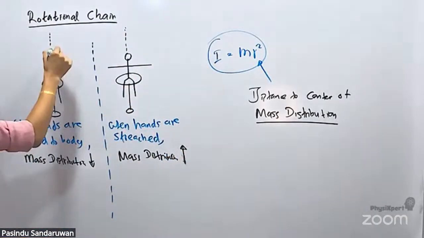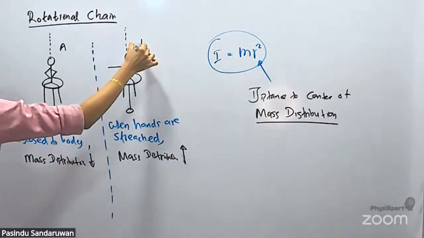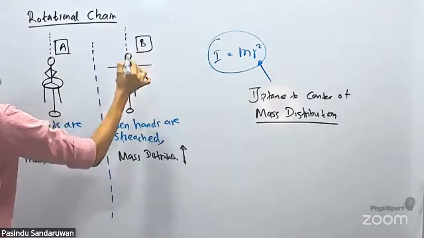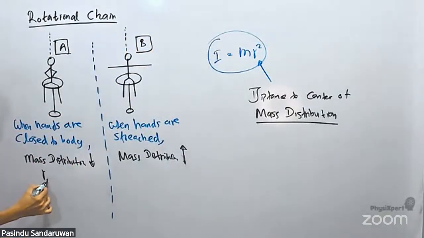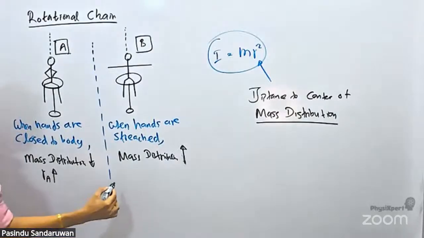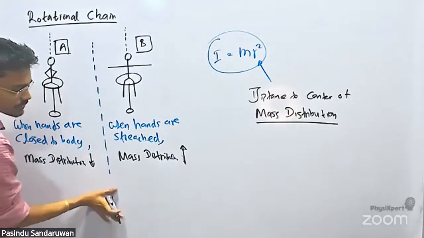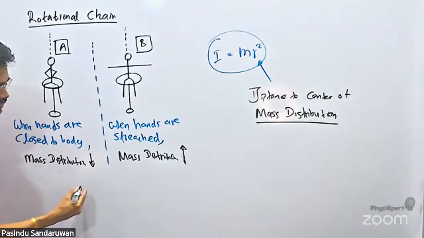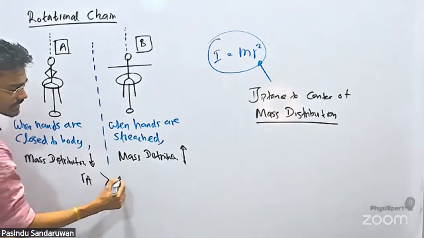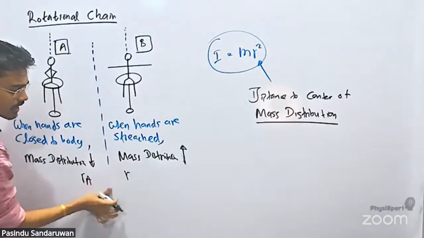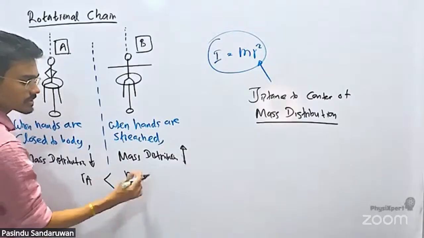Let's label these two scenarios as A and B for our ease. Sorry, mass distribution is less when hands are close, so RA is less than RB, right?